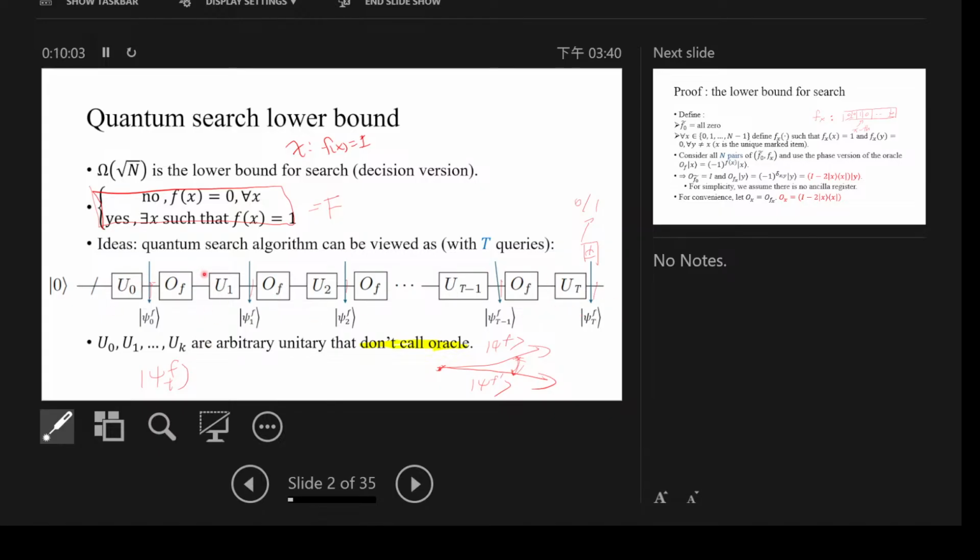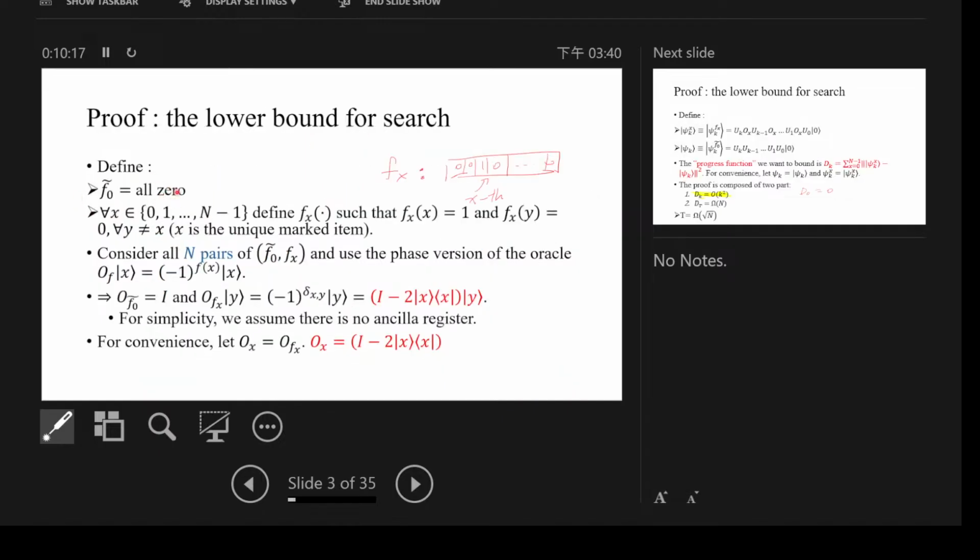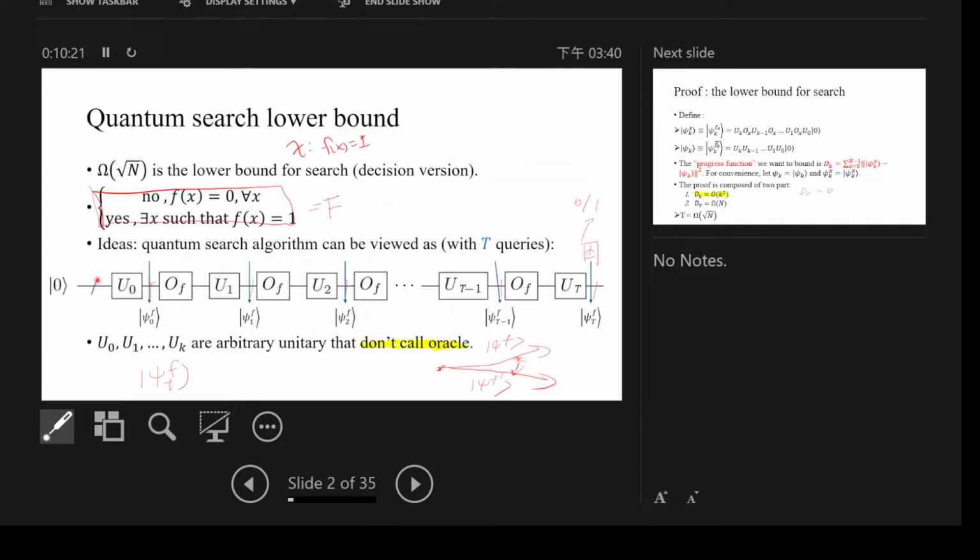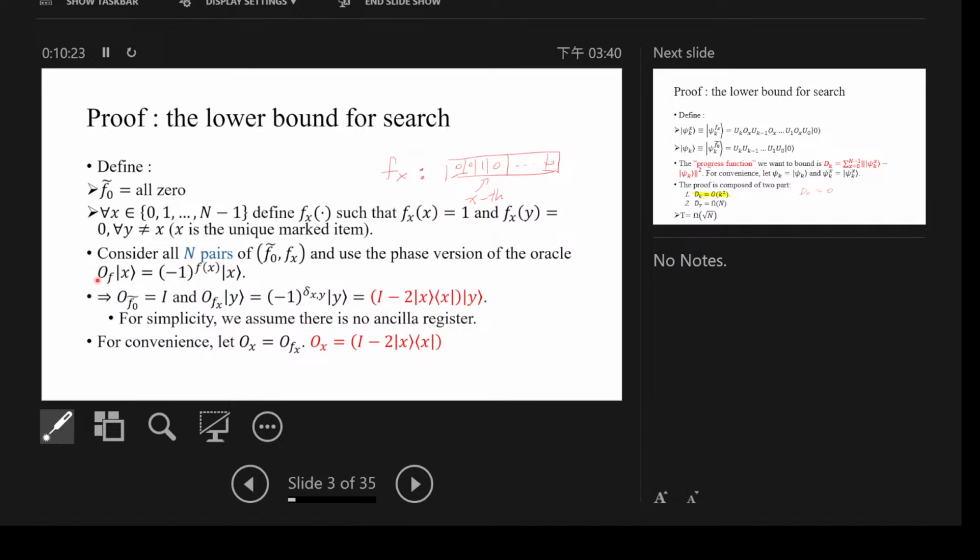Here we want to distinguish between the no instance and the yes instance. There is basically only one no instance, so there is no choosing here. It's called f0 tilde, for 0. We need this tilde because one instance we also named something very similar.